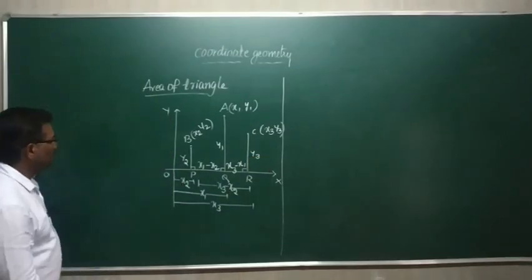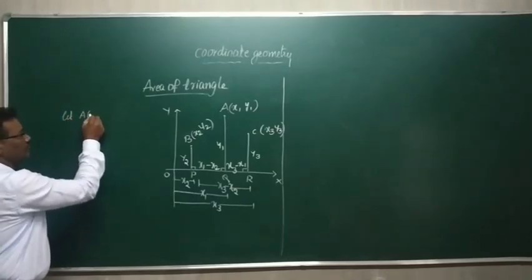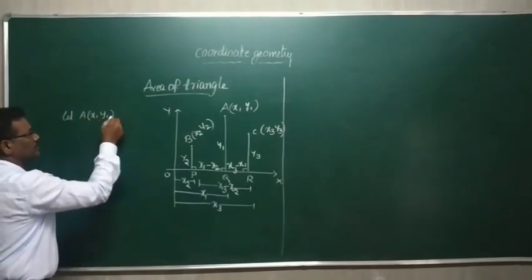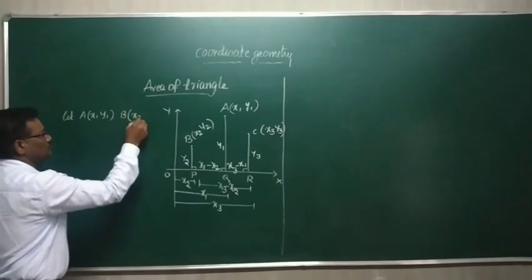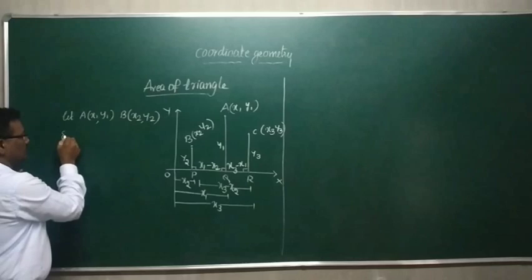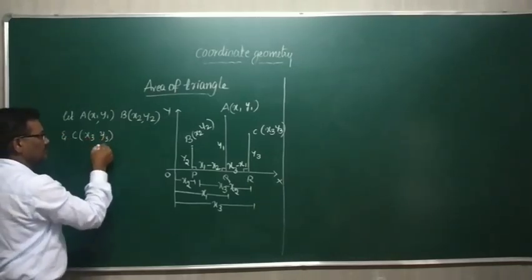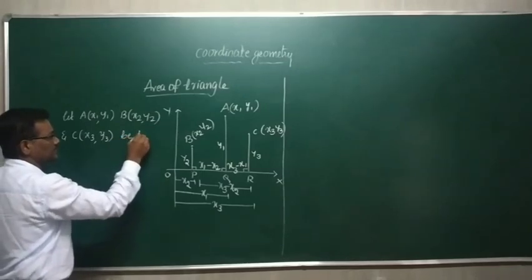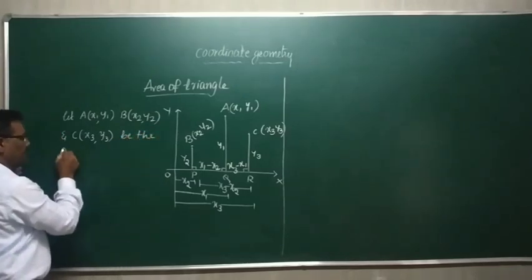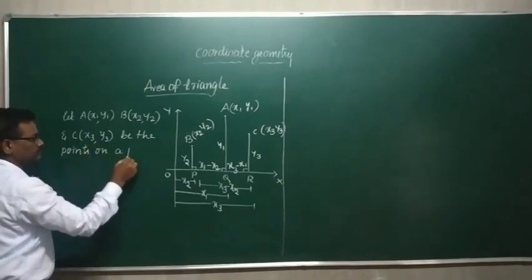Here let A of x1 y1, B of x2 y2 and C x3 y3 be the points on a plane.